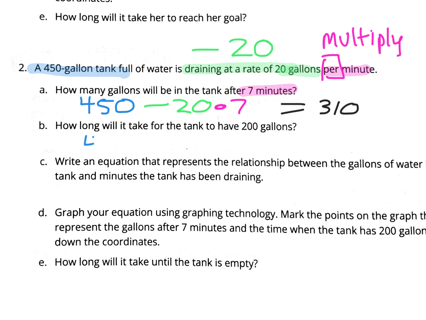So now, for how long will it take for it to have 20 gallons? So I'm going to use the equation 450 minus 20, but this time it doesn't tell me my minutes.